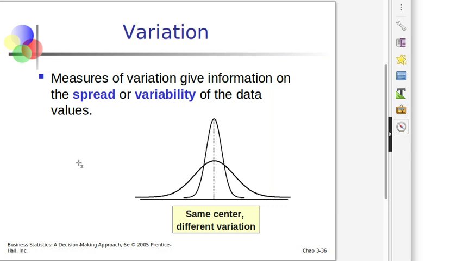Measures of variation give information on the spread or variability of the data values, how variable the data values are within the data set, how they are spread from the center, always from the center.